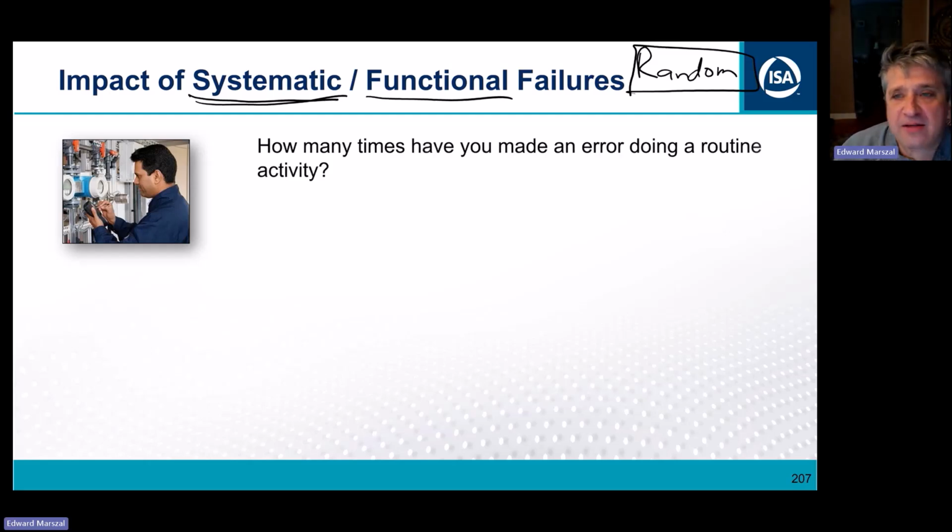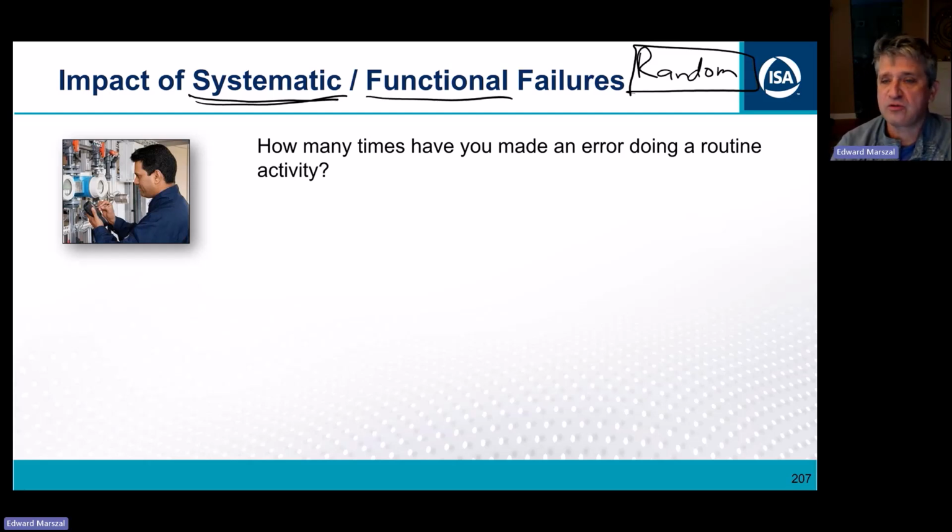So, what is the impact? So, think about failure. How often do you make mistakes? How often do human beings make mistakes doing routine activities? I could tell you it's very high. Because as a senior person in the company, I routinely am responsible for doing verification, checking other people's work, whether it's a SIL verification calculation or one of my assistants putting together a proposal.